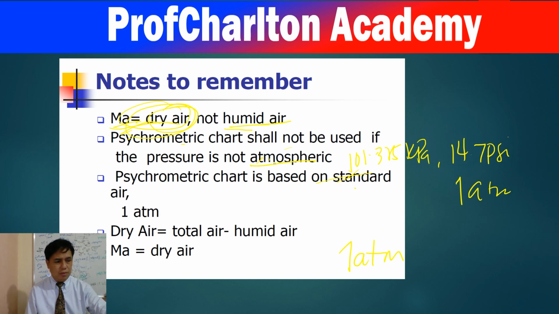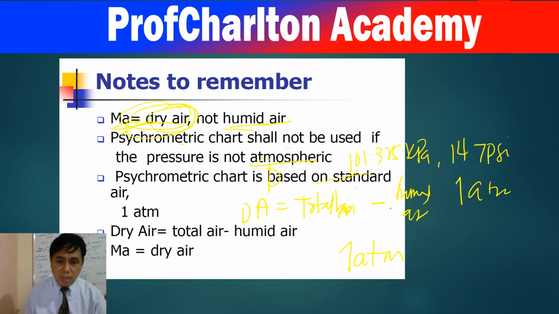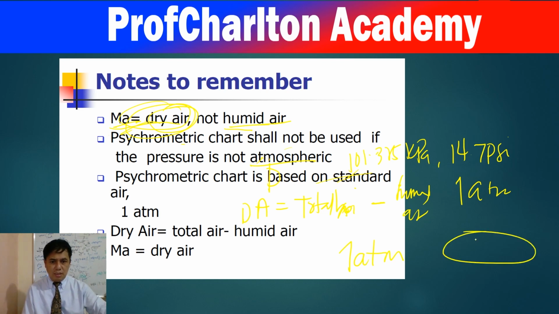Then the formula for dry air is this, so that you will remember. Dry air is total air minus humid air. If you have seen this, you will infer that the dry air can be found if you deduct the humid air from the total air.